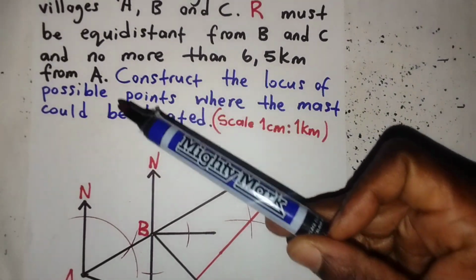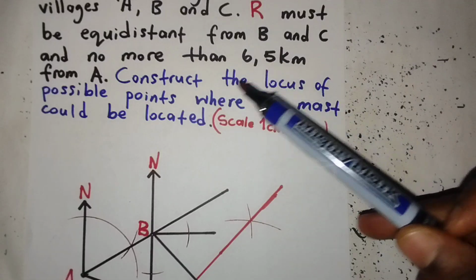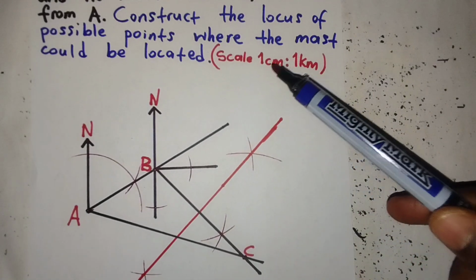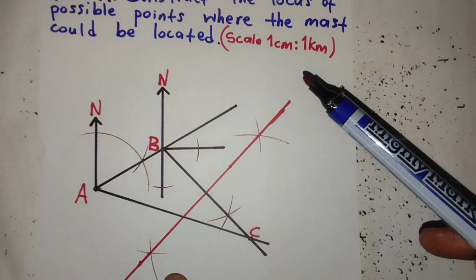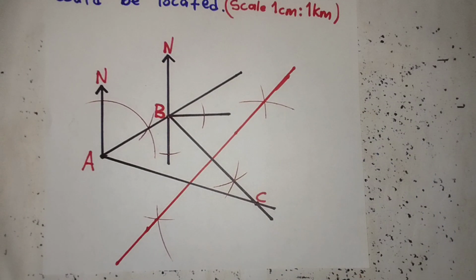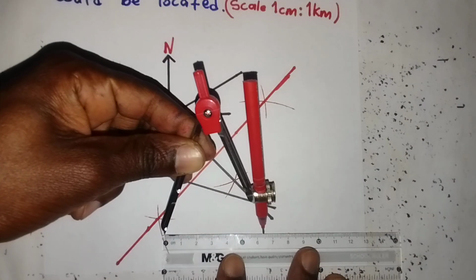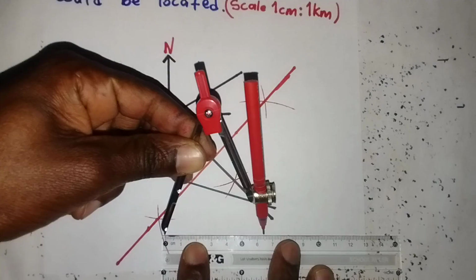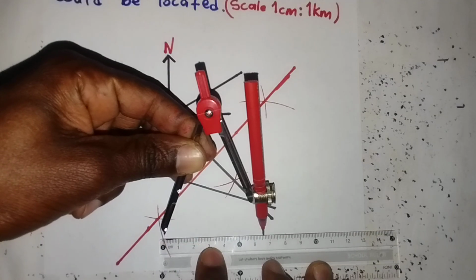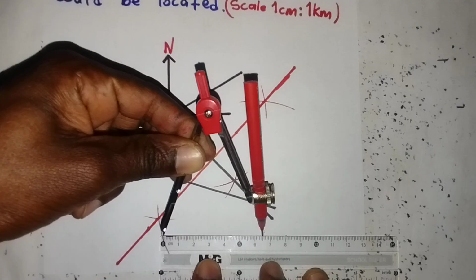Okay, now we are told that this R must be no more than 6.5 kilometers from A. Okay, so being guided by the scale of 1 centimeter to 1 kilometer, 6.5 kilometers will be represented by 6.5 centimeters on the diagram. So I'll measure the 6.5 centimeters using the ruler and the pair of compasses. Okay, so you can see that's 6.5 centimeters, representing 6.5 kilometers.